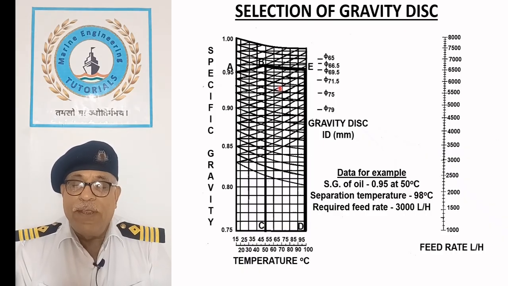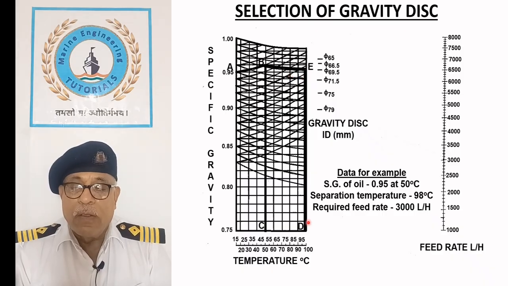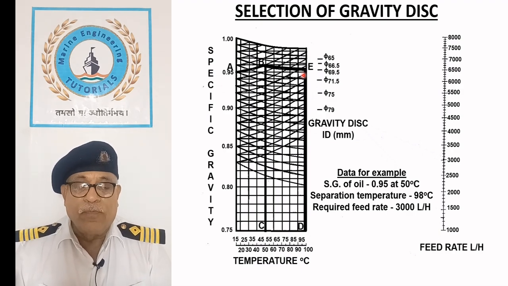Thereafter, point B is extended parallel to downward specific gravity arc along BE until it meets E with temperature line DE at 98 degrees Celsius extended upwards.